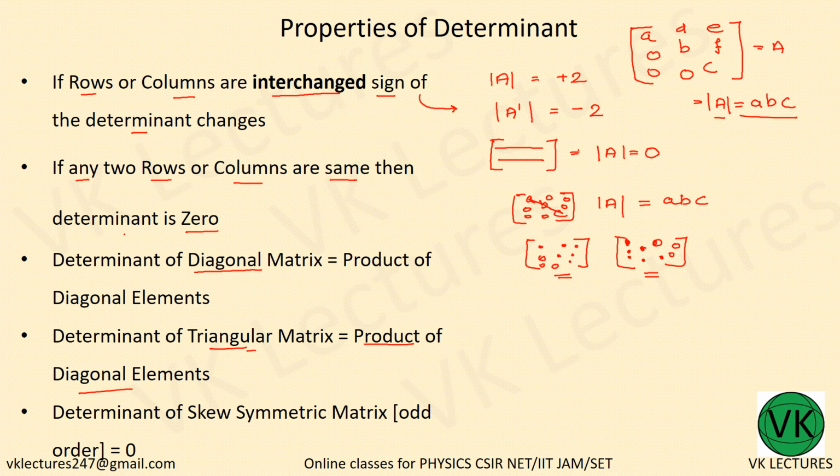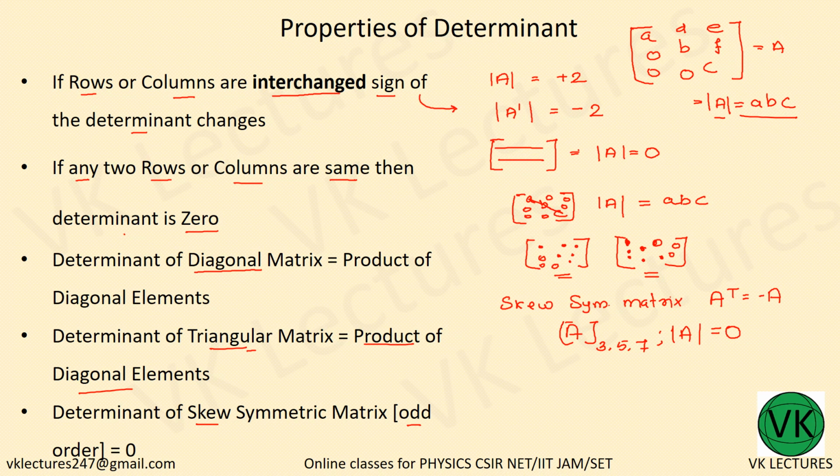Now, determinant of a skew symmetric matrix of odd order. What do you mean by a skew symmetric matrix? A transpose equals minus A. Now if this A has an order of 3, 5, or 7, then its determinant will be equal to 0.